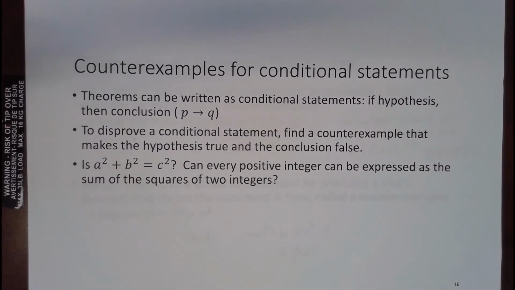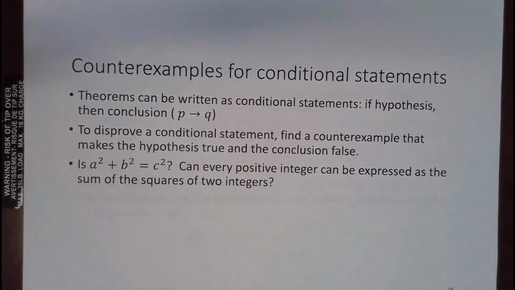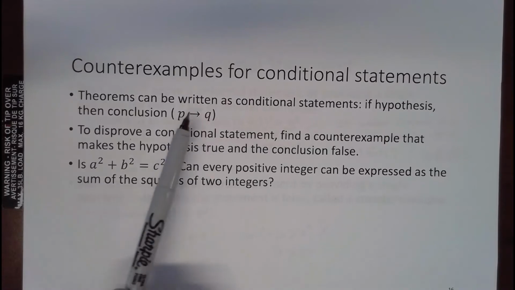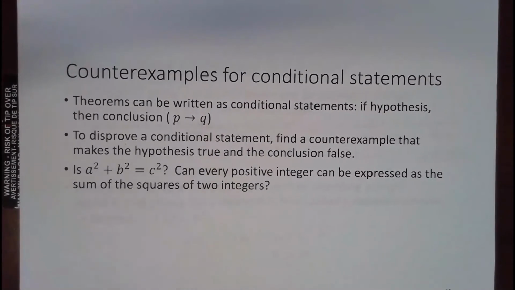If this hypothesis, then these conclusions. We know from our work in logic that if we want to disprove a theorem written as a conditional statement, we just need to find a counterexample that makes the hypothesis true and the conclusion false. That's the only time that we get a false conditional.